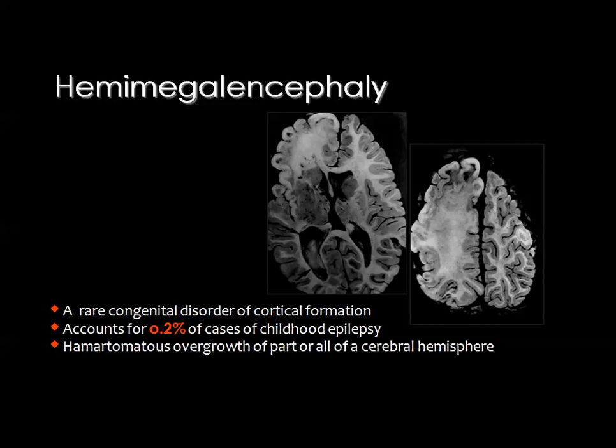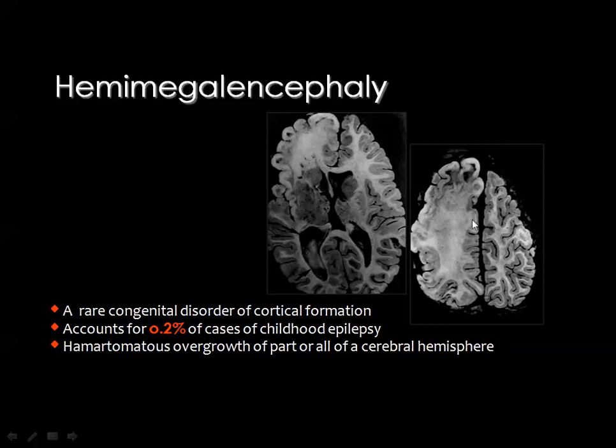The main abnormality in this hemimegalencephaly is hamartomatous overgrowth of a part or the whole cerebral hemisphere. There are so many types of this hemimegalencephaly, but we will discuss the commonly seen type in clinical practice, which usually affects one cerebral hemisphere.